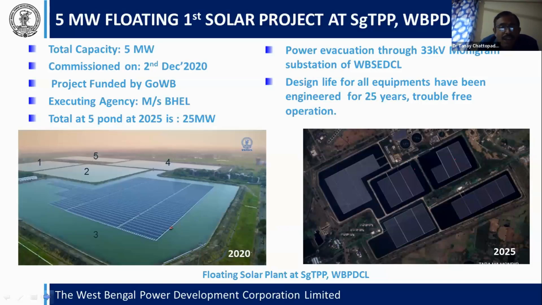There we make the floating solar on that region. The first floating solar was done in the year 2020. The first solar plant was done there, and now in 2025, in this year, if all ponds have the 5 megawatt floating solar plant erected, it is a total of 25 megawatt floating solar now installed there.